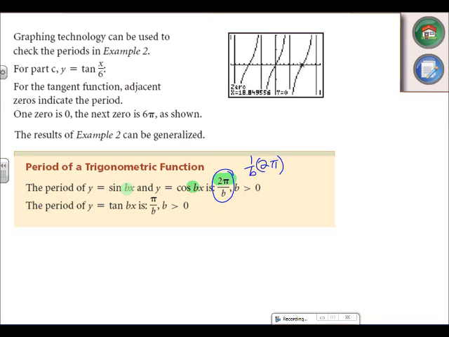Or, hey, if you're in degree mode, 360 over b as well. Tan, that one happens twice as often. Original is pi. And the same thing. You take your b value. So we've got pi times 1 over b. So pi over b. Or 180 degrees over b in degrees.